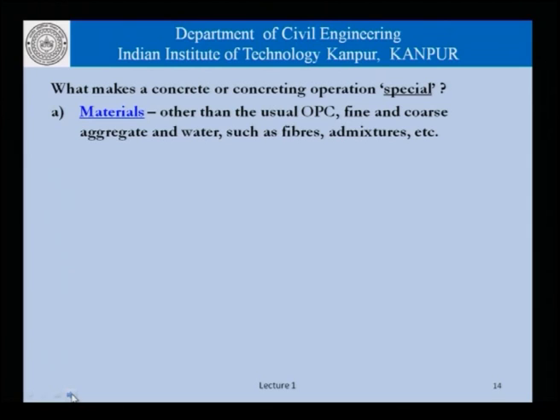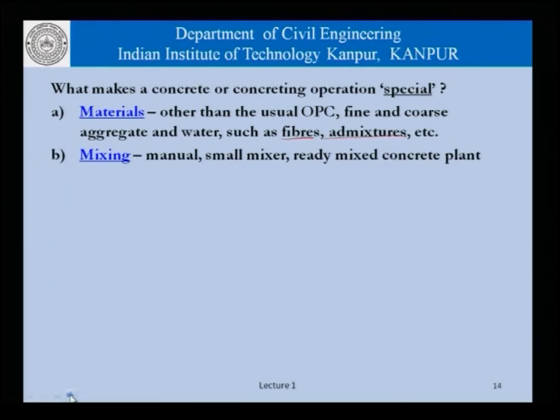In other words, what makes a concrete or a concreting operation special? It could be the choice of materials. Other than the usual ordinary Portland cement, fine and coarse aggregate and water, we could use fibers, we could use chemical admixtures or mineral admixtures, and that makes the concrete special. Or mixing can be done in different ways.